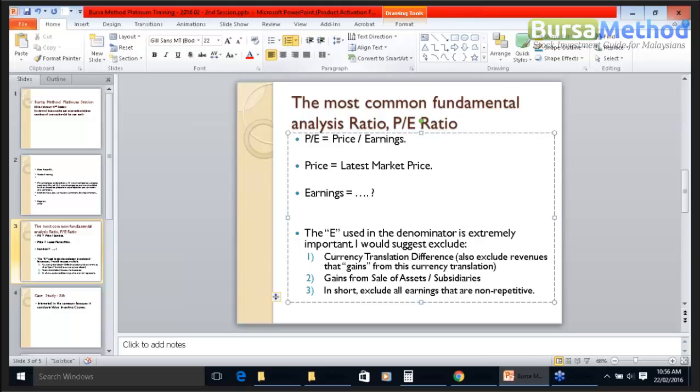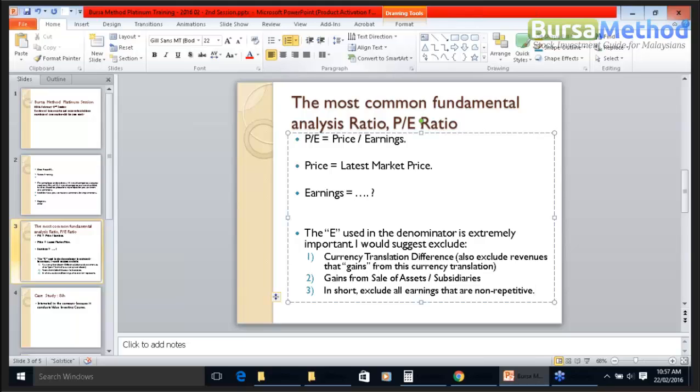You should think like a banker. If you own a bank and someone wants to borrow money for a housing loan and shows you their income, from their total income you only take the income that is consistent or repetitive. That's why banks like salaried employees, because they have consistent income.